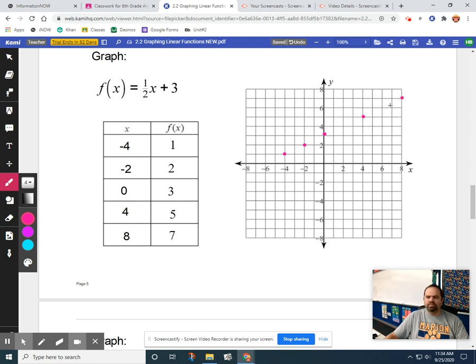Again, I've got some empty spaces here, but when I go back and actually get my line tool, they all line up nice and neat.